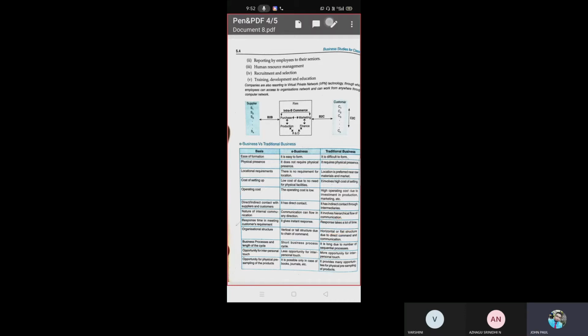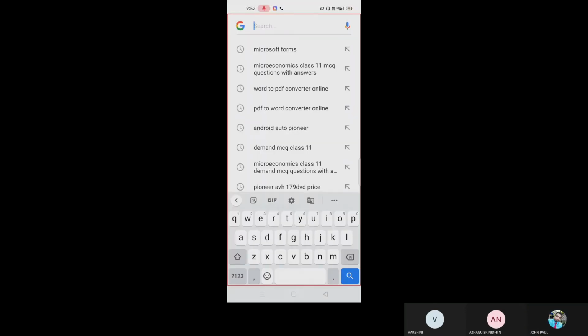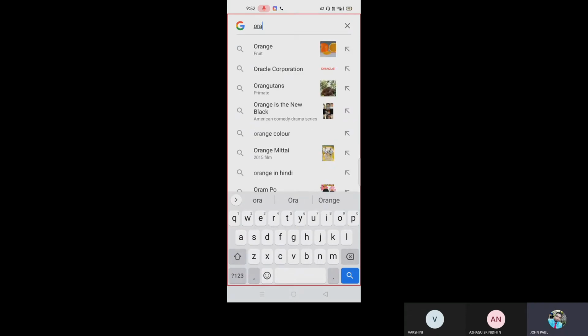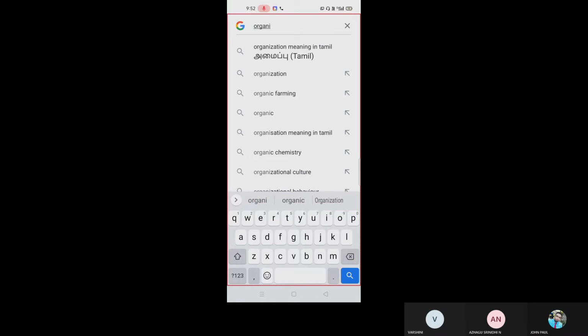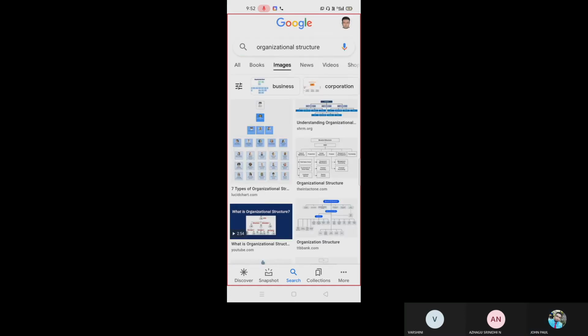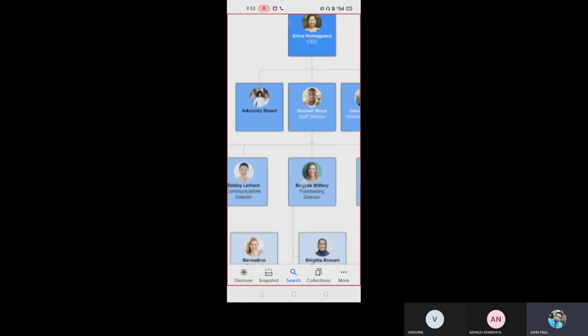Then organizational structure. What is organizational structure? Have you seen organizational structure? You will be studying in grade 12. So what is an organization structure? The chairman, managing director, you can see the director.